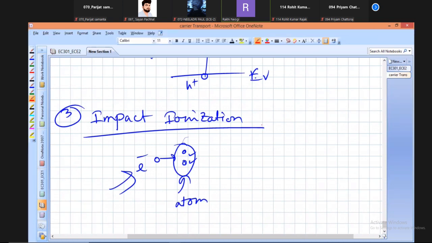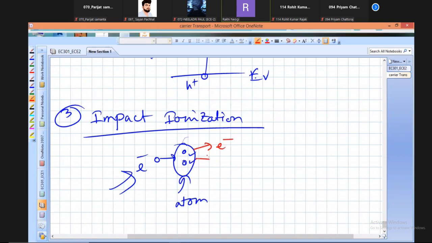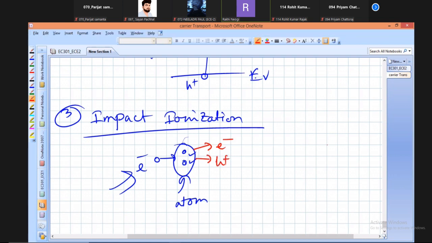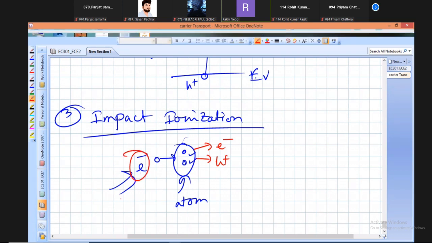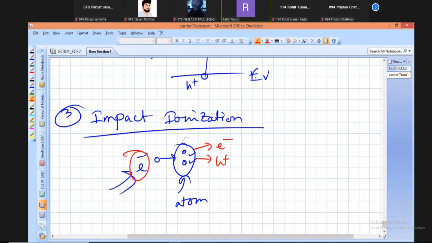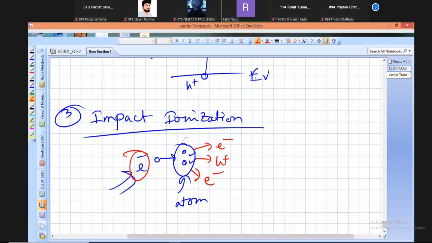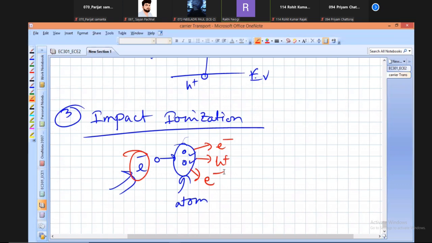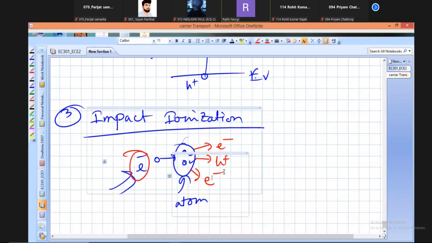Due to the absorbed energy greater than Eg, the covalent bond will break and an electron and hole are created. The electron will be in the conduction band, the hole in the valence band. An electron-hole pair is created. What about this electron? This electron releases its energy. This electron is also present, it is not vanished.